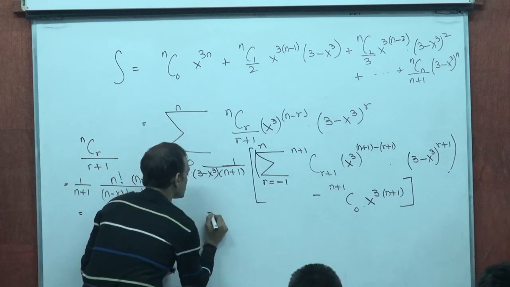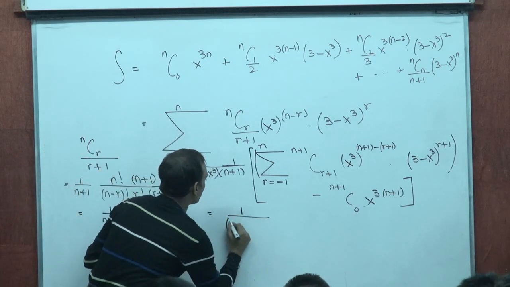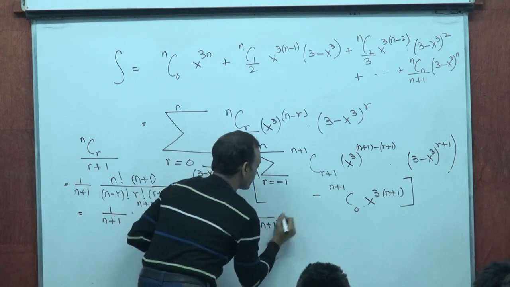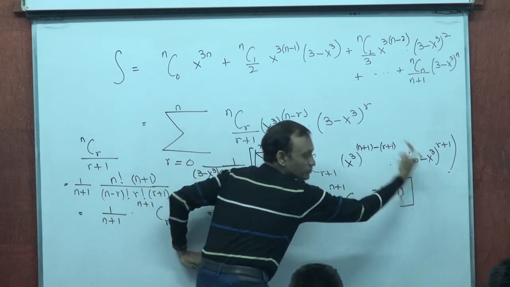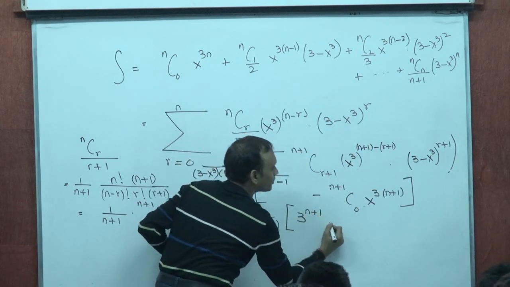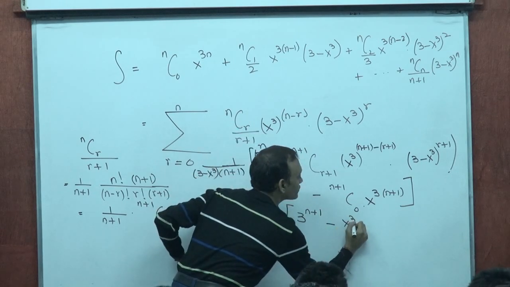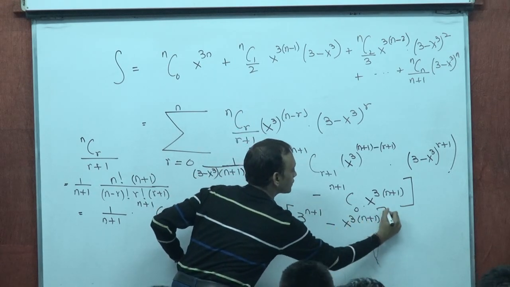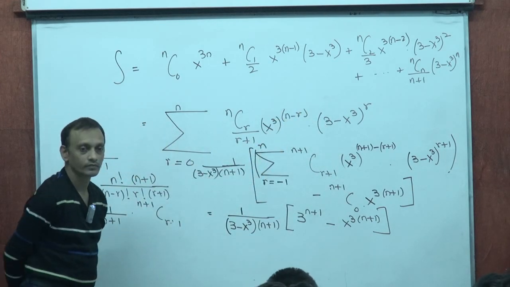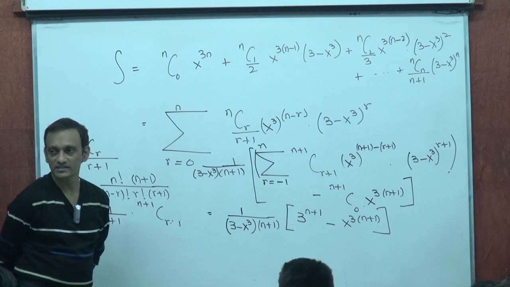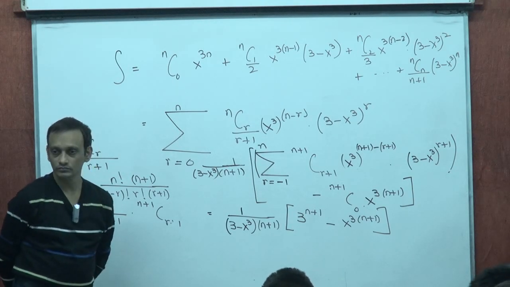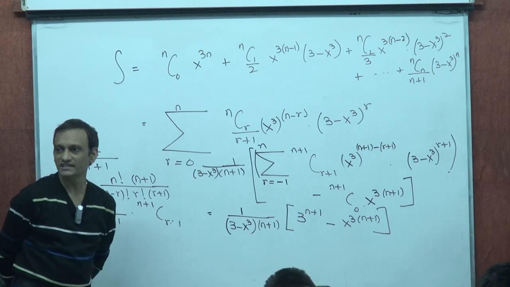So then this is as simple as 1 by (3 - x³)^(n+1), times 3^(n+1) the full binomial sequence, minus x^(3(n+1)). That's the required summation. Make sense to all of you?